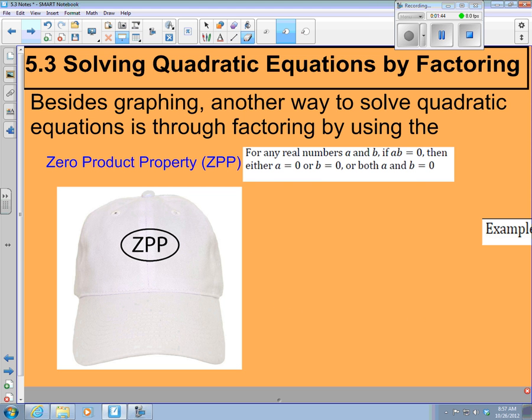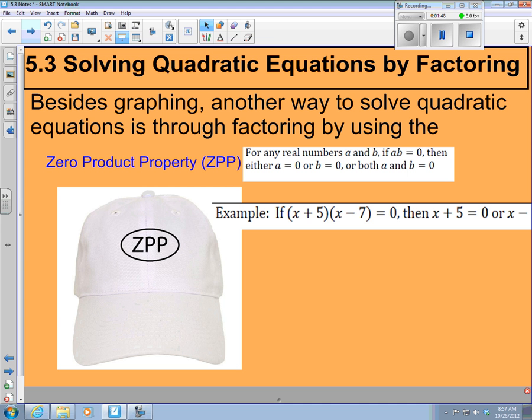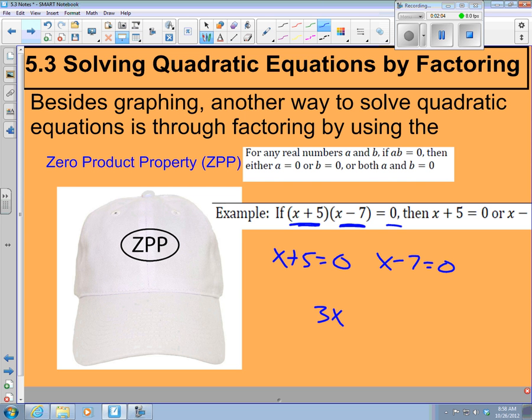So an example would be something like this, where you take a factor of x plus 5 times x minus 7. If it equals 0, then x plus 5 equals 0, or x minus 7 equals 0. Another example, let's say we had 3x times x plus 2 equals 0.